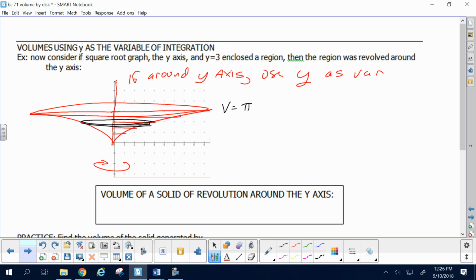Using the same kind of idea, pi and the radius squared and a height, what's the radius? Is it a function of x or is it a function of y? The radius is right here, right? Now, what's the height?